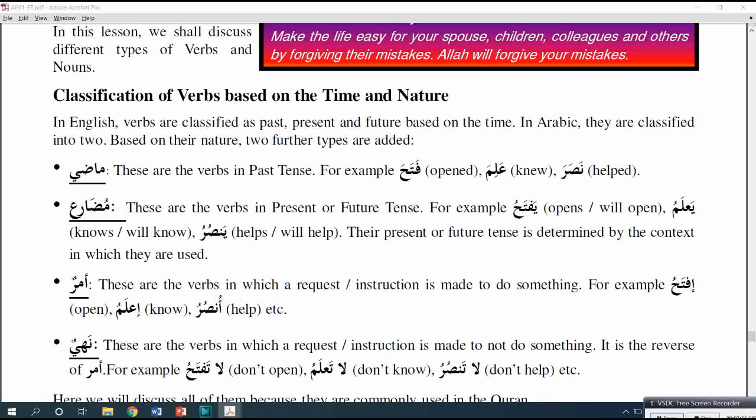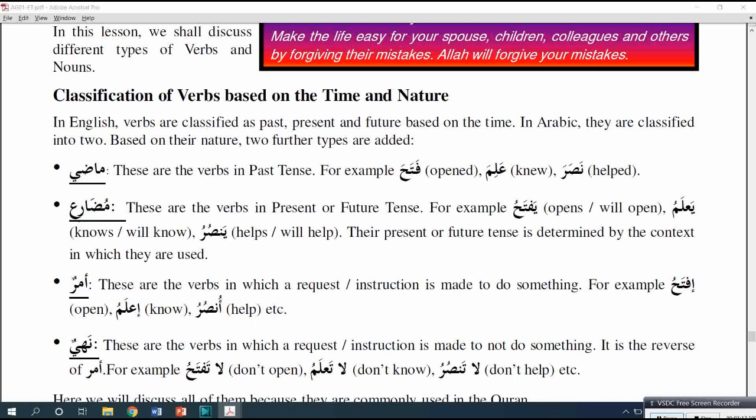Mudari means that the verbs are in present or future. In English, there are separate words for today or future. These are different in English, but in Arabic, the same word is used for both today and future.